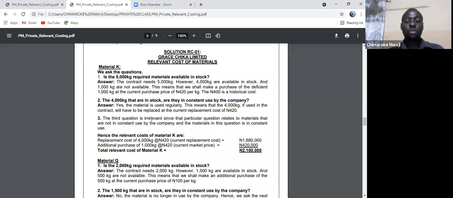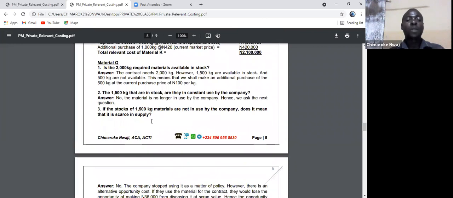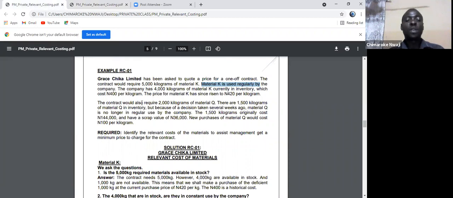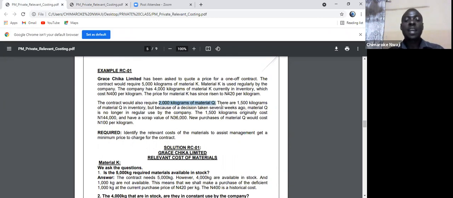Okay, so we now go to material Q. We now look at it that in material Q, the contract will require 2,000 kilograms of material Q. So that's the point of focus. Is the 2,000 kilogram available in stock? What do we say? There are 1,500 kilograms of material Q in inventory.